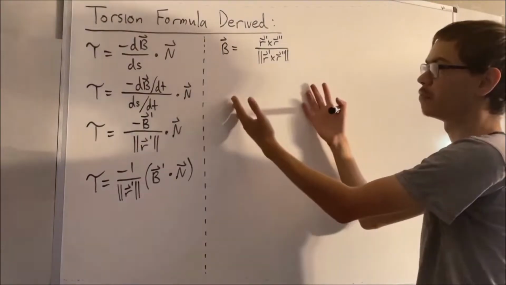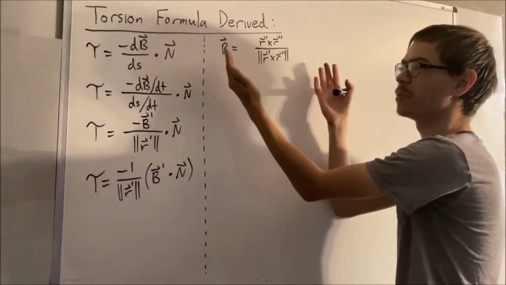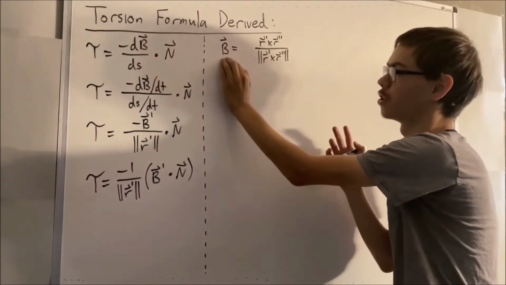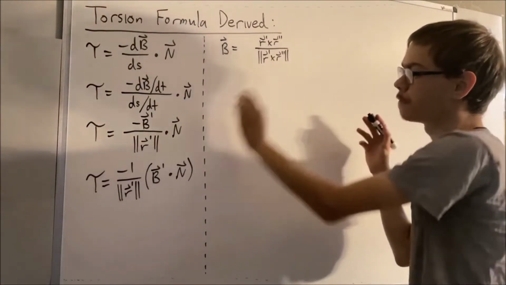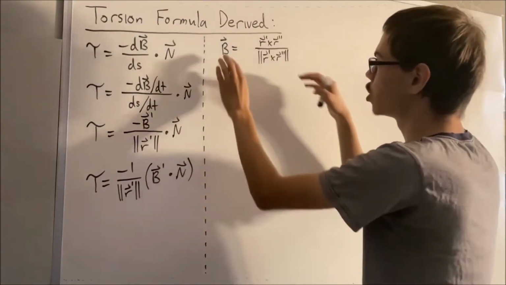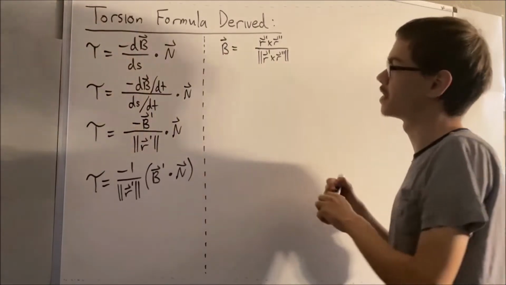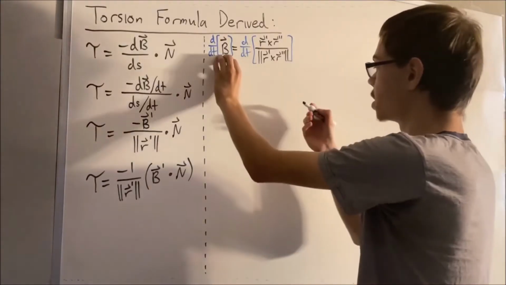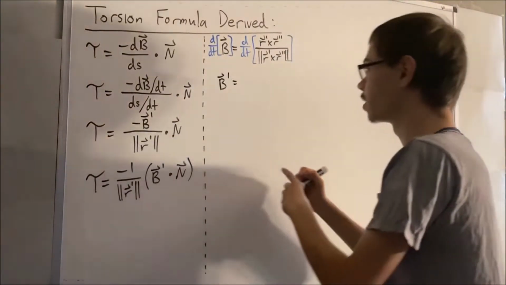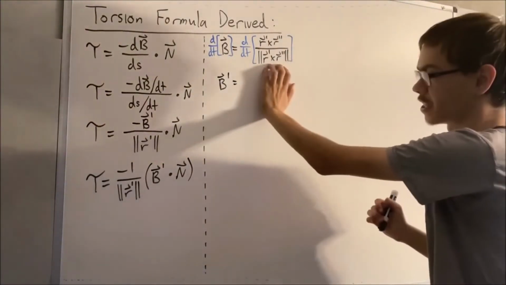So if you recall, this is the way that we can express the unit binormal vector completely in terms of the position vector. So all we got to do to find b prime is take the derivative with respect to t of both sides. And so really, this is just b prime, but all we got to do is differentiate this.